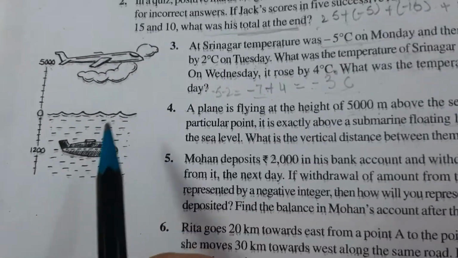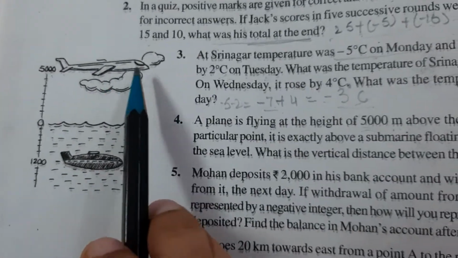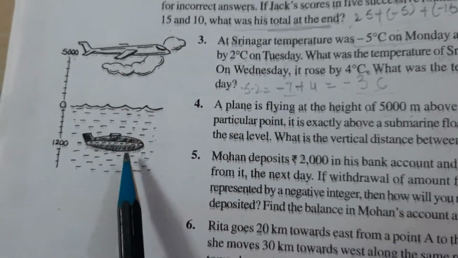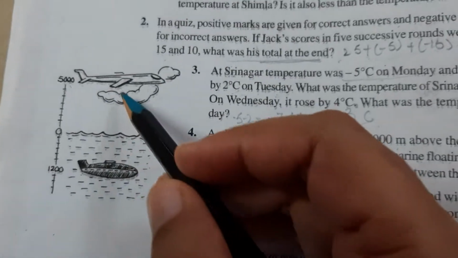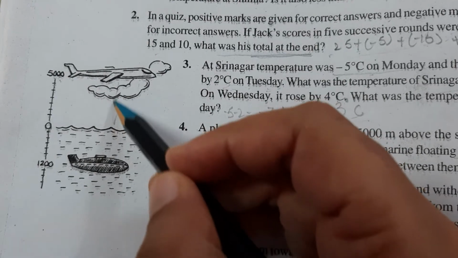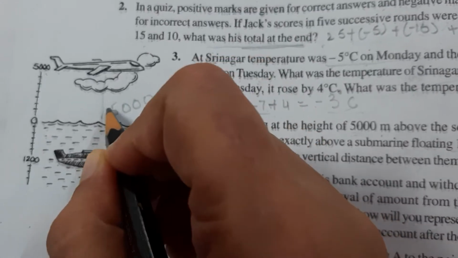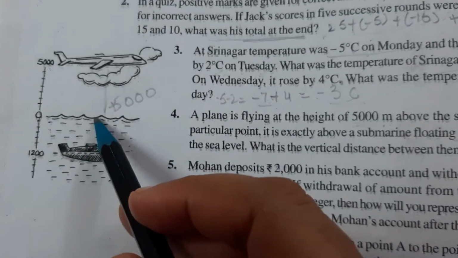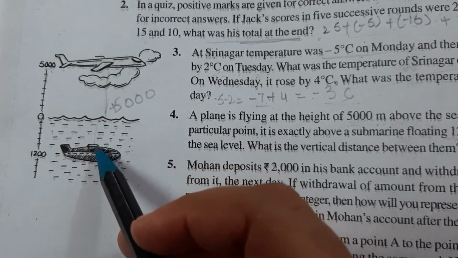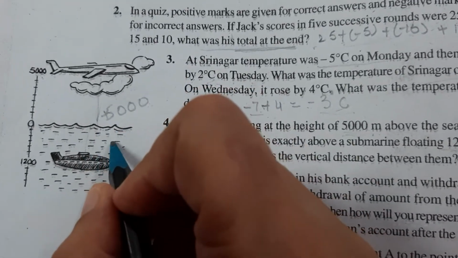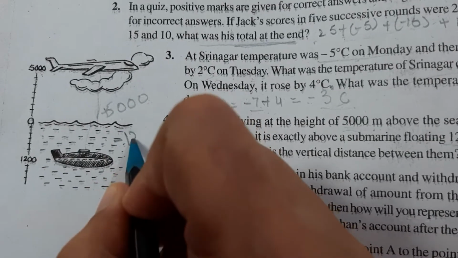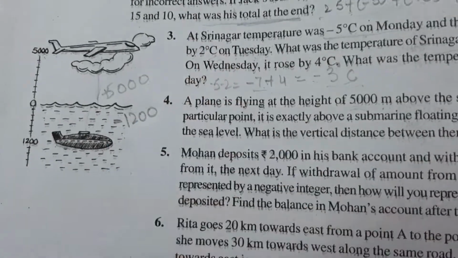Suppose, see, the picture is given here. This is the plane and this is the submarine. This distance is given as 5000, which is positive, and this distance below the sea level is given as minus 1200.